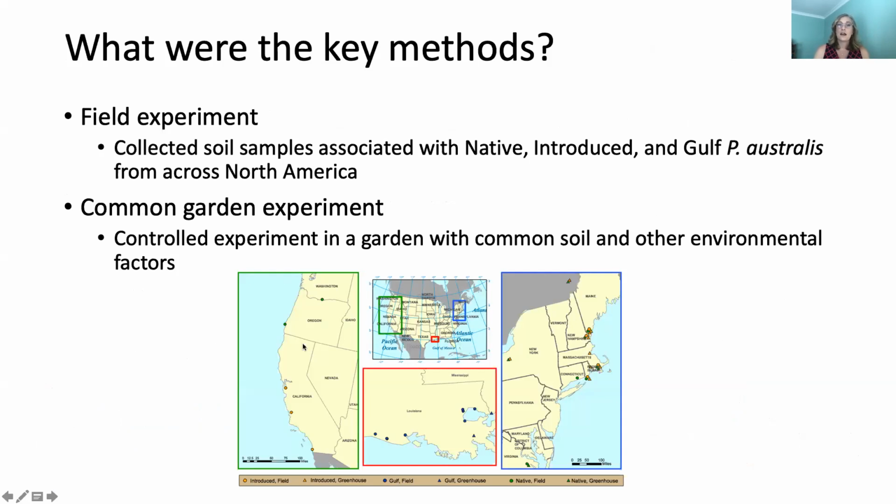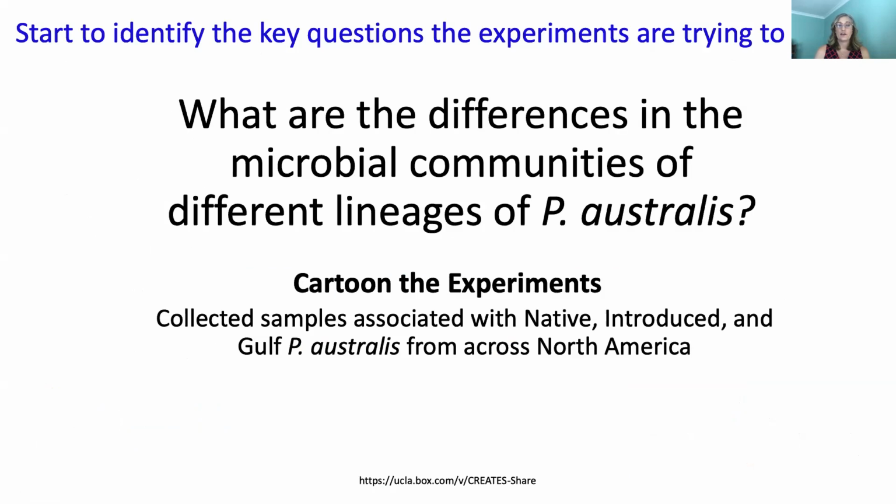All right. So in this case, we'd start to have the students start to think about identifying the questions that the experiments might be trying to answer. So just based on the methods, you can see that you can pull up the idea that there are differences in the microbial communities in these different lineages that these authors might be interested in.